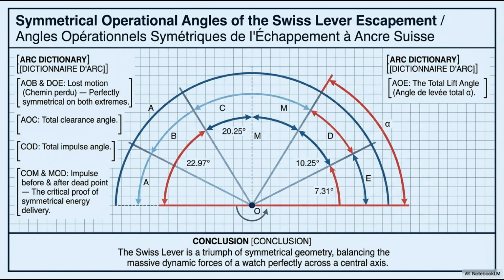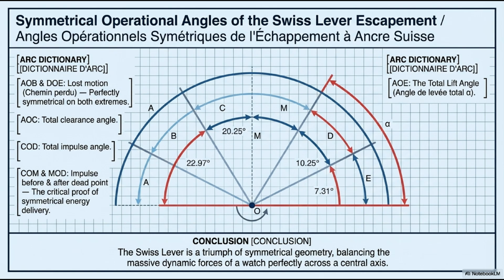The specific values shown, 20.25 degrees, 22.97 degrees, 10.25 degrees, 7.31 degrees, vary between different assortment sizes and designs. Don't try to memorize these specific numbers. What matters is the structure, the symmetric organization about the dead point, and the relationships between clearance angle, impulse angle, and lost motion.